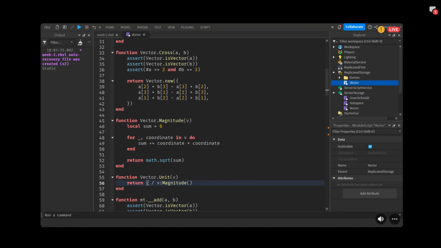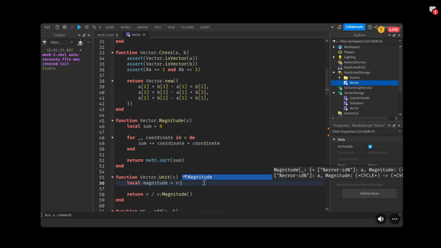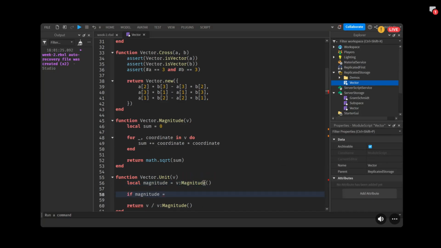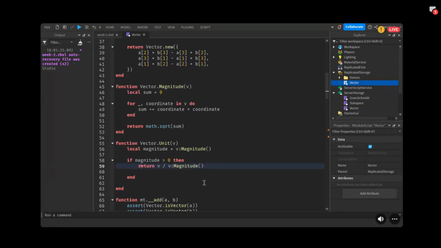And if the magnitude is 0, then we're going to return something really awful, like each component is going to be infinity or something. So we might as well also check that the magnitude is not 0. So let's just save the magnitude here. We'll check that the magnitude is greater than 0. And then we'll return this.